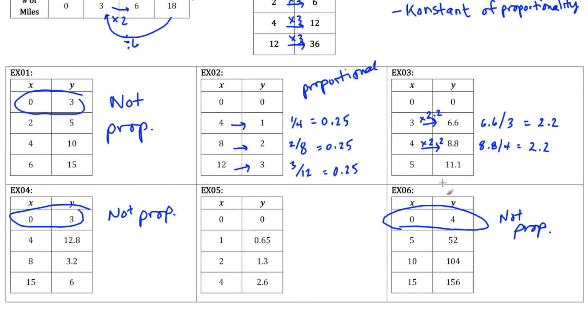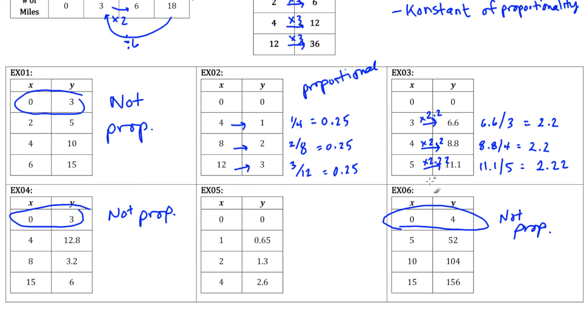And this one is 11.1 divided by 5. This one I will probably need some help doing. So 11.1 divided by 5 equals 2.22. So this is times 2.22. You see how this one's different?